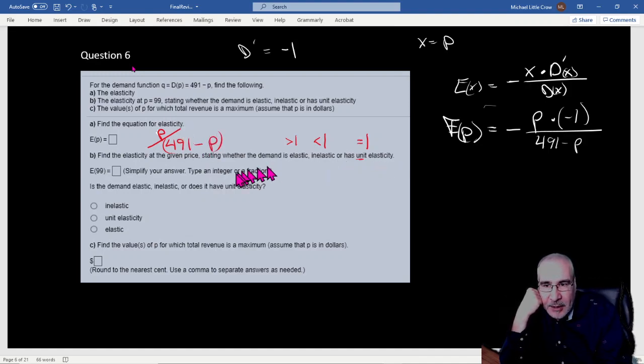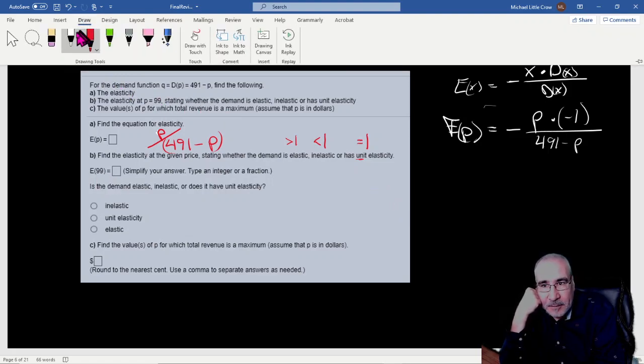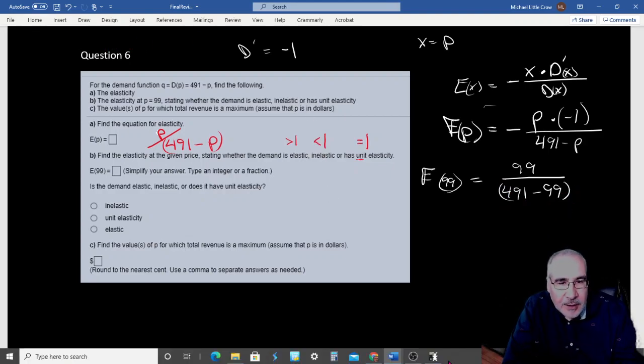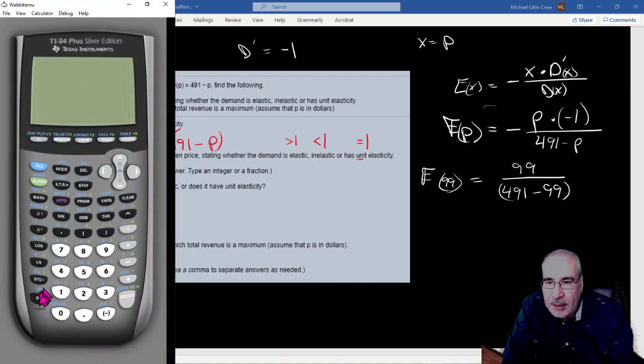But okay, so let's do this. 99. We use our function. E of 99 is 99 divided by 491 minus 99. Make sure we do that part first. Let's go ahead and call on our little calculator here.